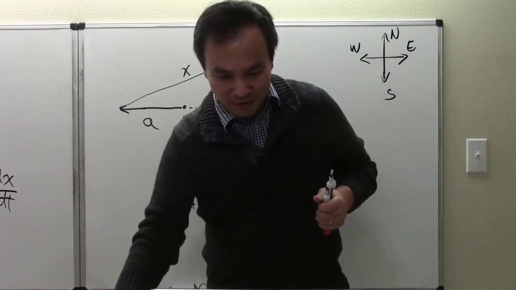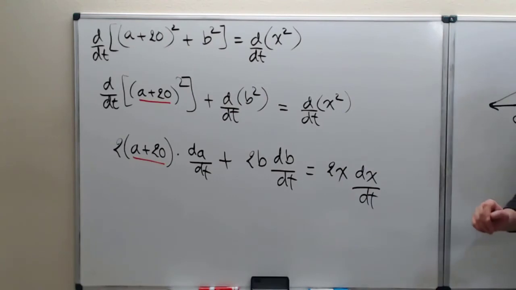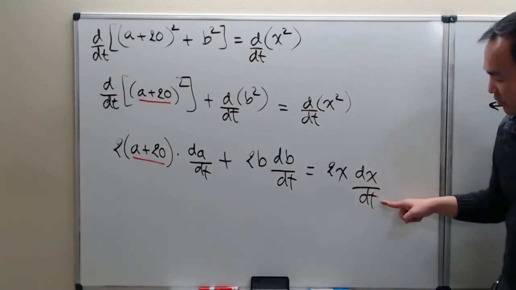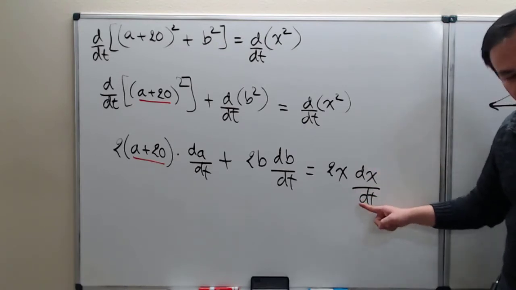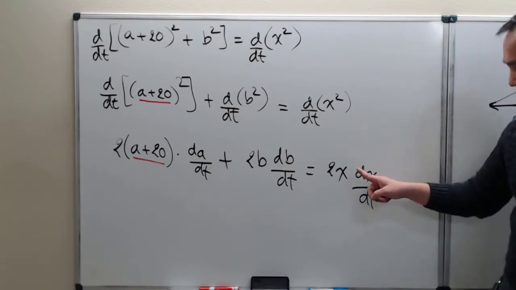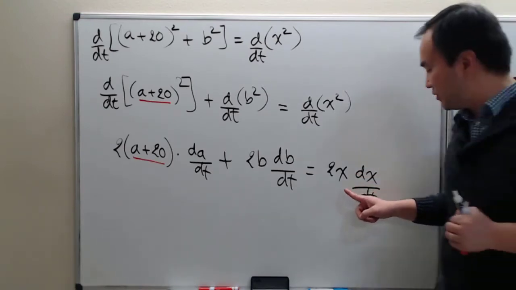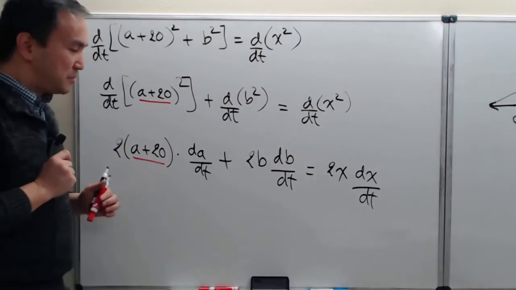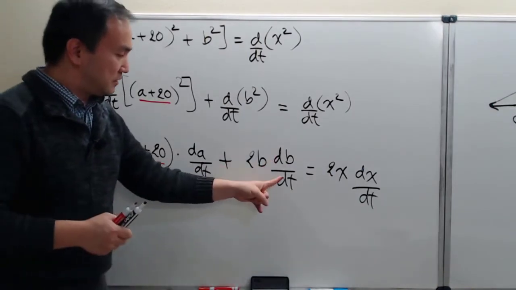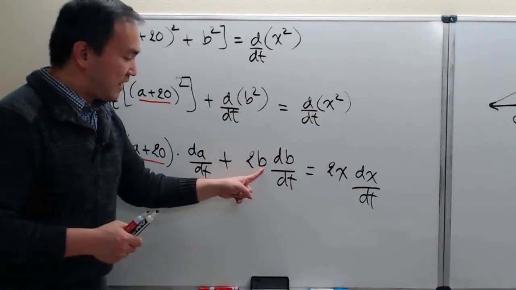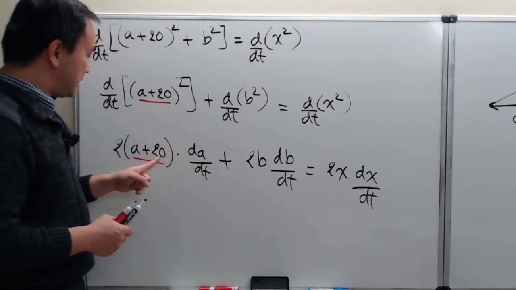So now, we know that we need to solve for this value right here, and it could be positive or it could be negative. But solving for that value depends on a lot of other factors. We need to find out what our x variable must be at that instant, as well as the dB/dt value, the value for b, the value for dA/dt, and the value for a.